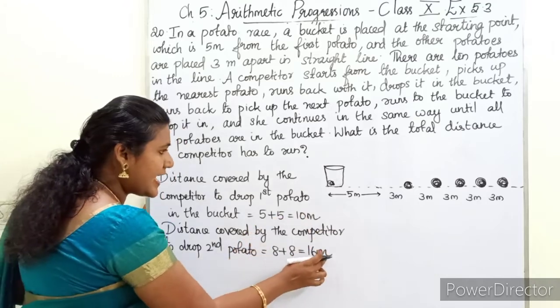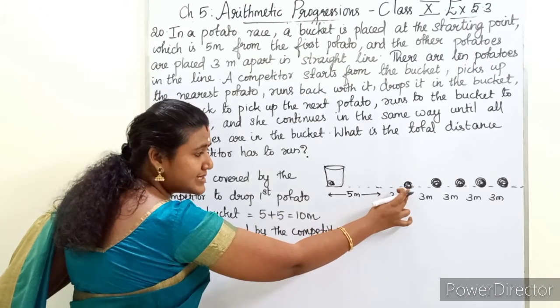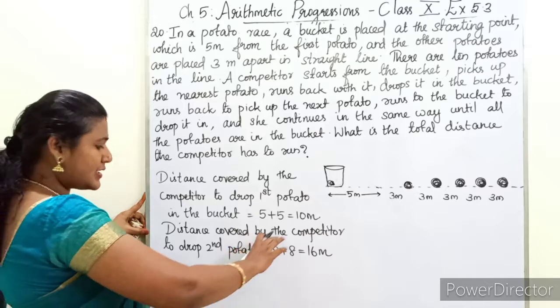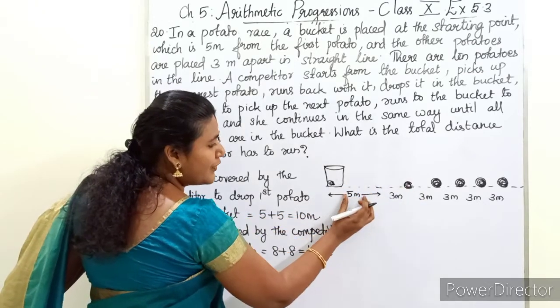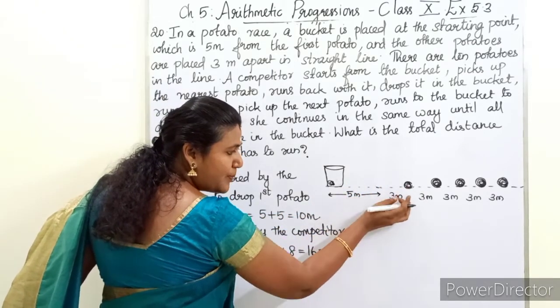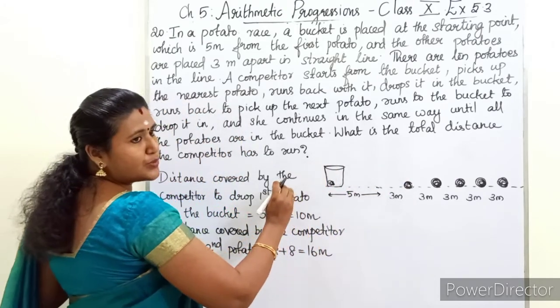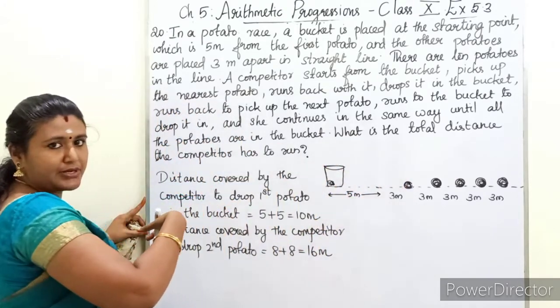So 10 meters, 16 meters, and what about the distance covered by the competitor to drop the third potato? 5 plus 3 plus 3, that is 5 plus 6, 11, into 2, 11 meters return also.